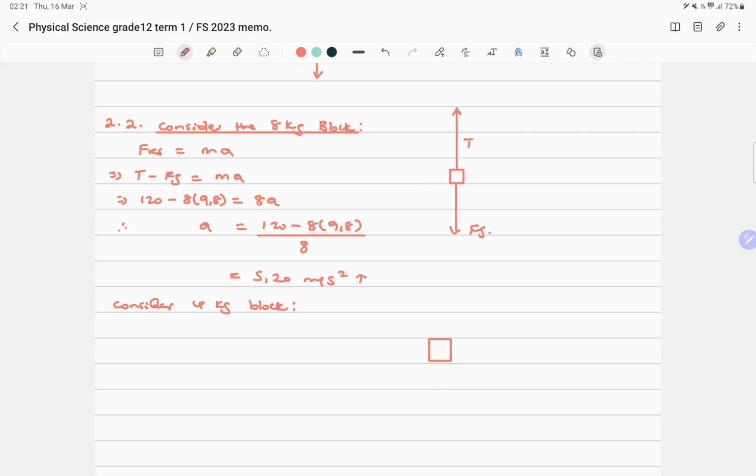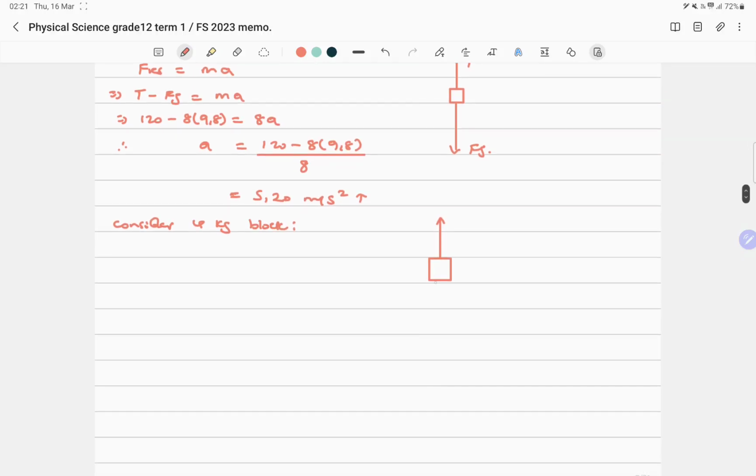I mean, how you plan your attack is easy. It's totally up to you. Okay, so we're going to have its weight, we're going to have tension, and then we're going to have the applied force. All right, so what do we know here?